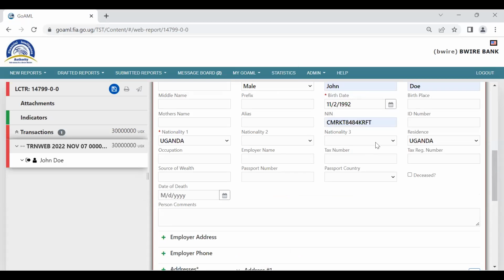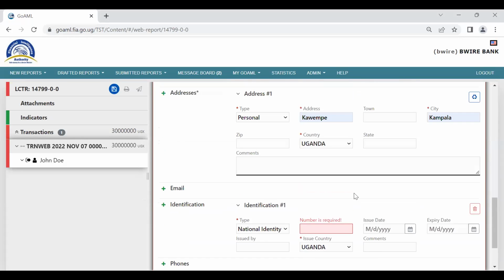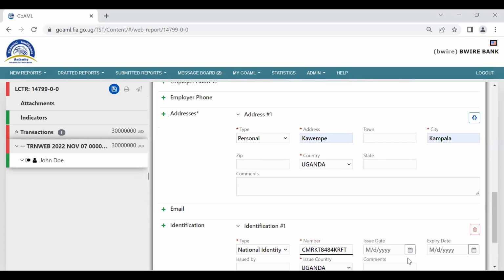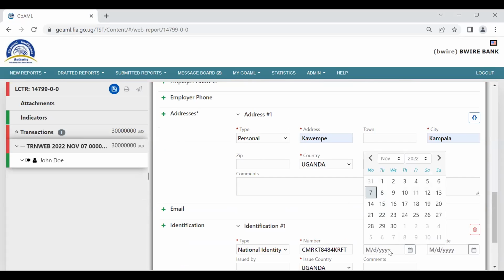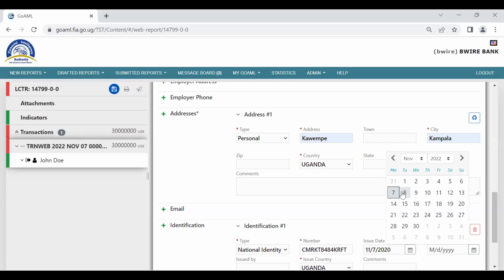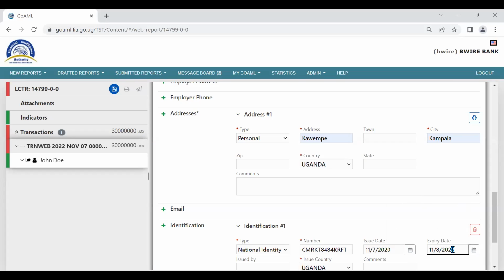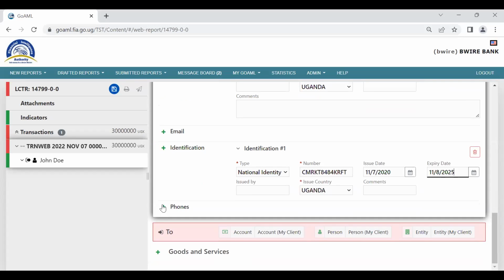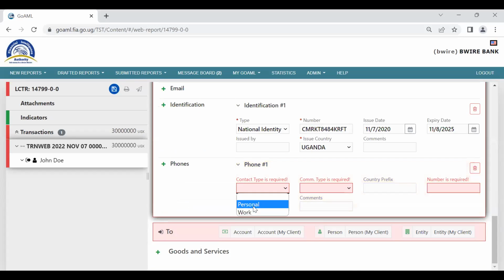I think I've put the ID here, just copy it. Then you can capture the phone details.